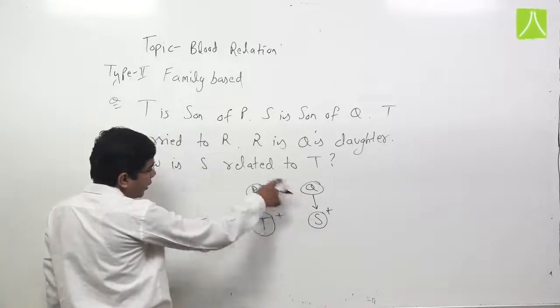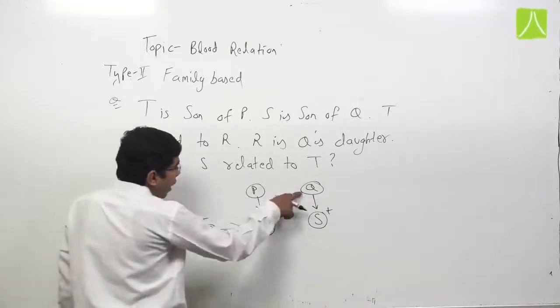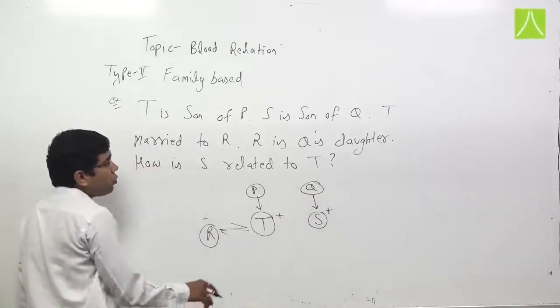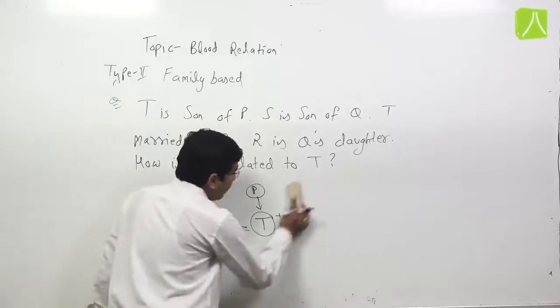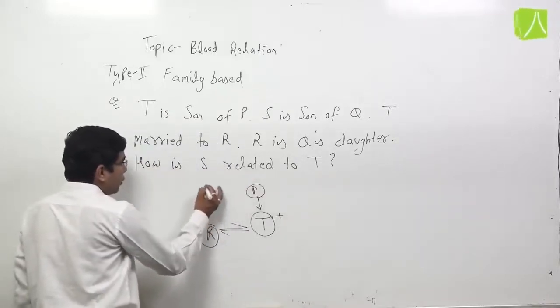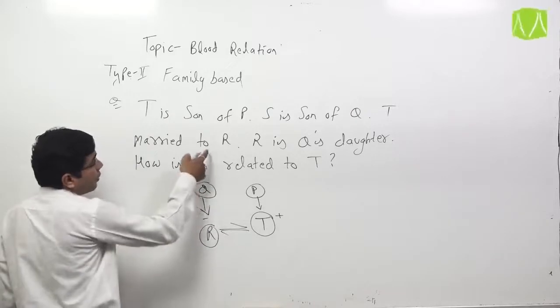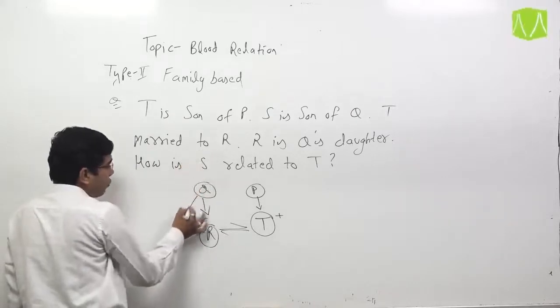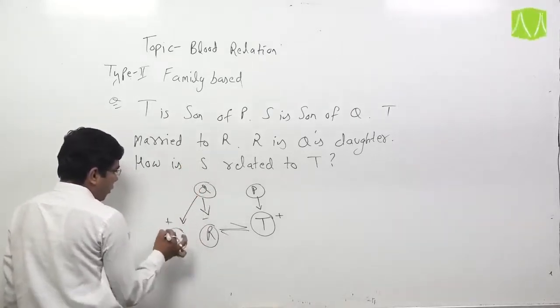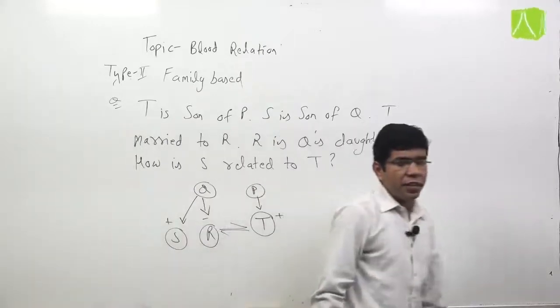That means this string can be shifted here. R is Q's daughter. We can write R is Q's daughter here, and here is the line S is the son of Q. This is our final family tree diagram.